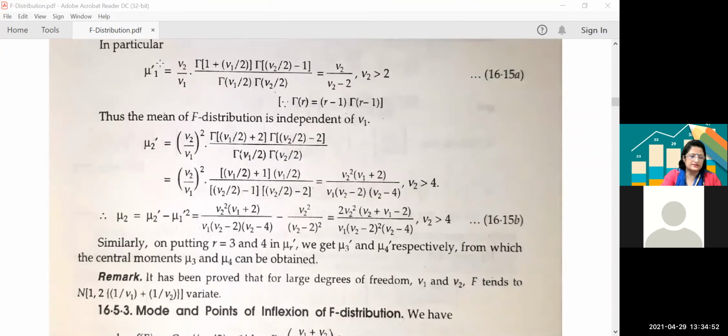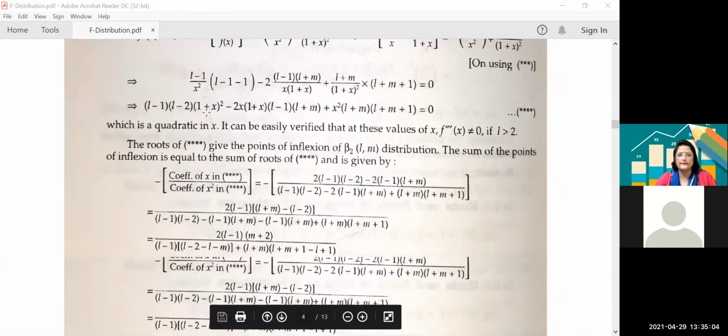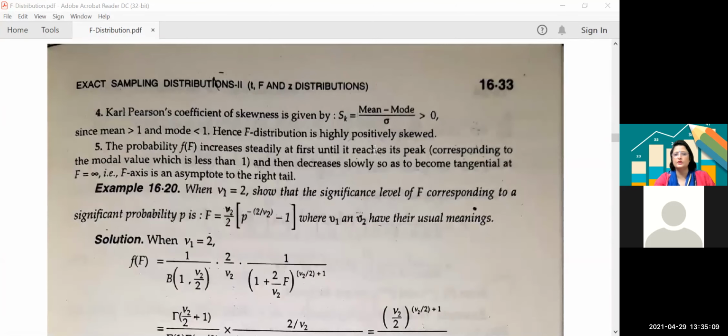The mean of the distribution is mu1 dash is equal to v2 by v2 minus 2. ये है mean. अब इसको derive करेंगे, ये कैसे जो है quantity जो आपके पास आ रही है, Karl Pearson जो coefficient of skewness है वो greater than 0 क्यों है, ठीक है? और क्यों है? क्योंकि mean is greater than 1 when mod, we have already proved that it is less than 1.